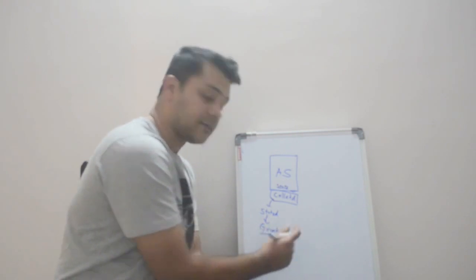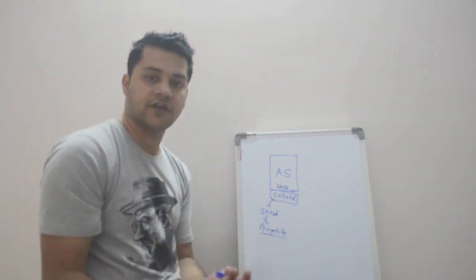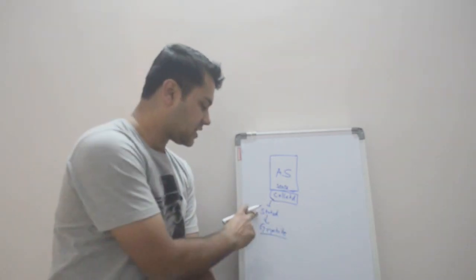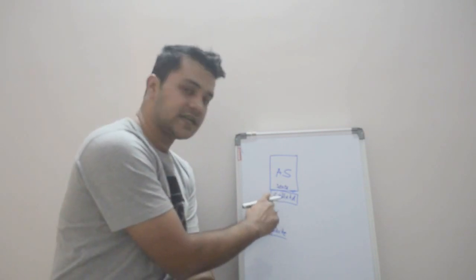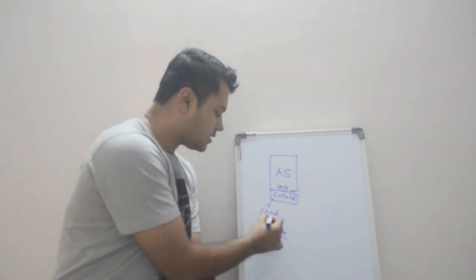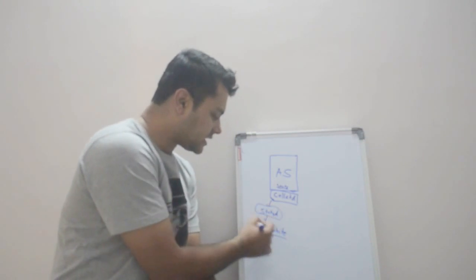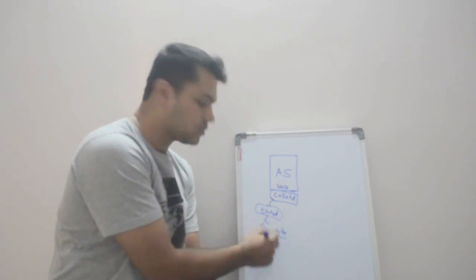Graphite is a library to show data in a graphical format, and statsd is another open source tool which helps because collectd keeps on pushing the data, and statsd helps in getting the data and then sending it in a particular manner to Graphite.